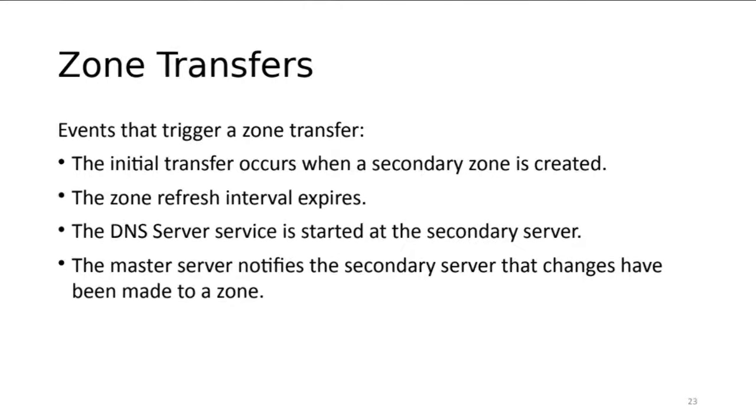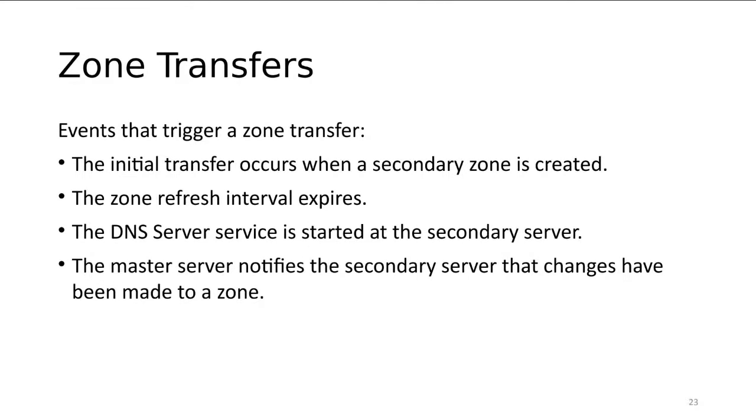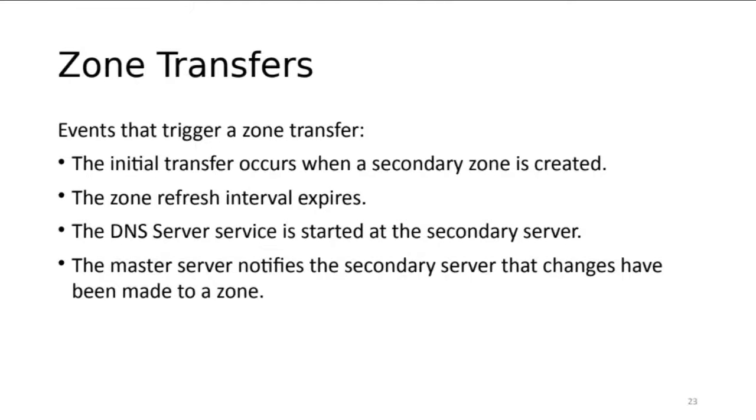When does the zone transfer happen? Or what triggers the zone transfer? The whole information of the zone. The events that trigger the zone transfer are: the initial transfer occurs when a secondary zone is created, or if the zone refresh interval expires, or if the DNS server service is started at the secondary server.